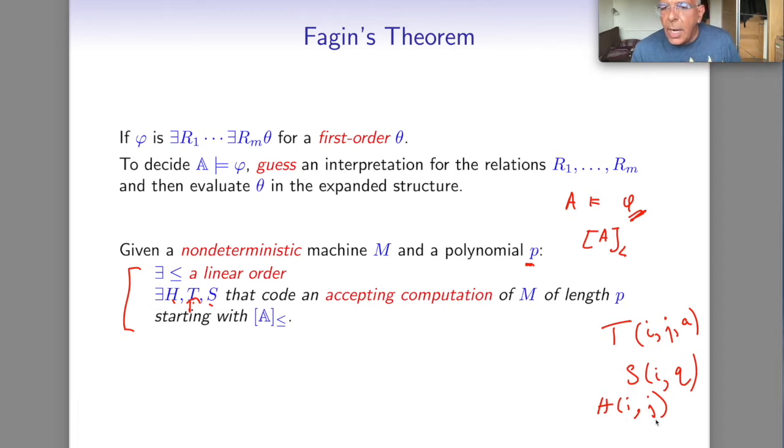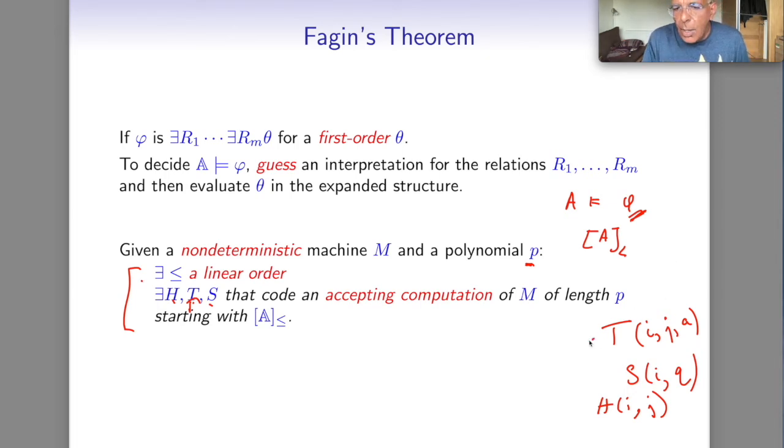Now I and J here are ranging over numbers up to some polynomial P in the length of n, because the number of steps of the machine and the number of tape cells are all bounded by P of n. And you can code those as tuples. Once you have a linear order on the universe, you can code numbers as tuples of elements by taking a relation of suitable arity.